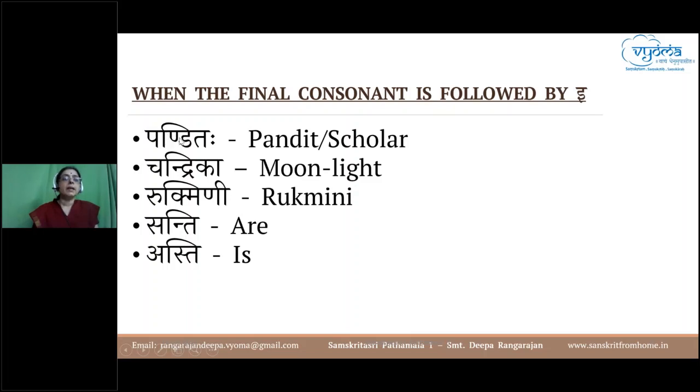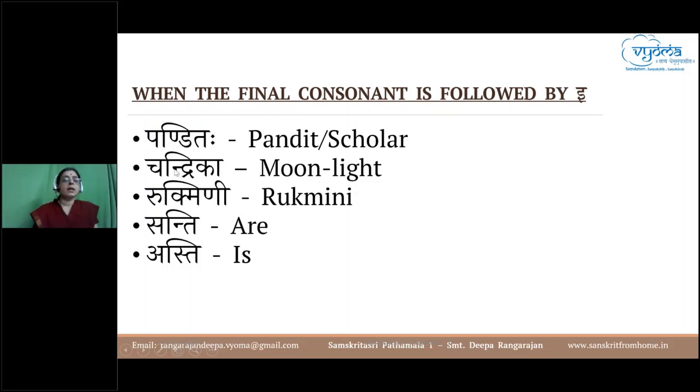So if you see panditaha, the nakara which has a vertical line, the vertical line has gone, and dakara has a hrasva ikara which is added to it. So what happens is that before the nakara you have the vertical line, and then the curve above the whole thing is drawn. So panditaha. Similarly, chandrika. Panditaha is a scholar, a pandit, and then chandrika is moonlight.